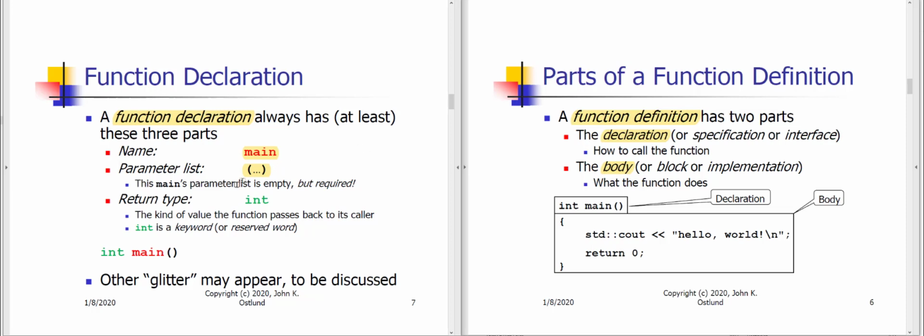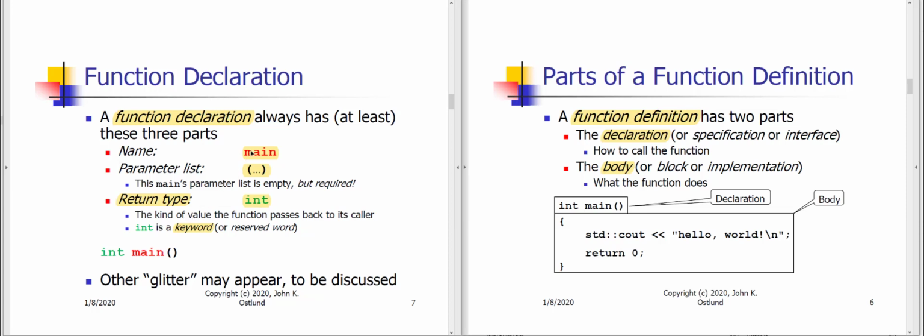In front of the function name is the return type for the function, which in this case is int, for integer. This function is returning an integer value, an int, back to the system. And int is an example of a so-called keyword. That is, it's reserved by the compiler and only means the integer data type, the int data type.